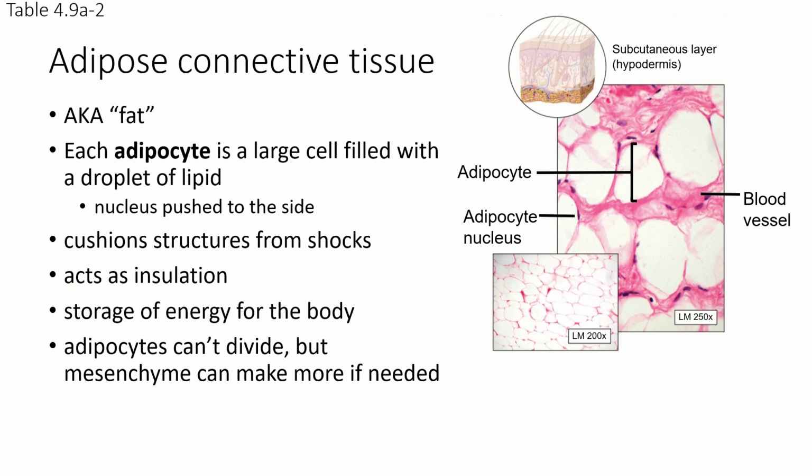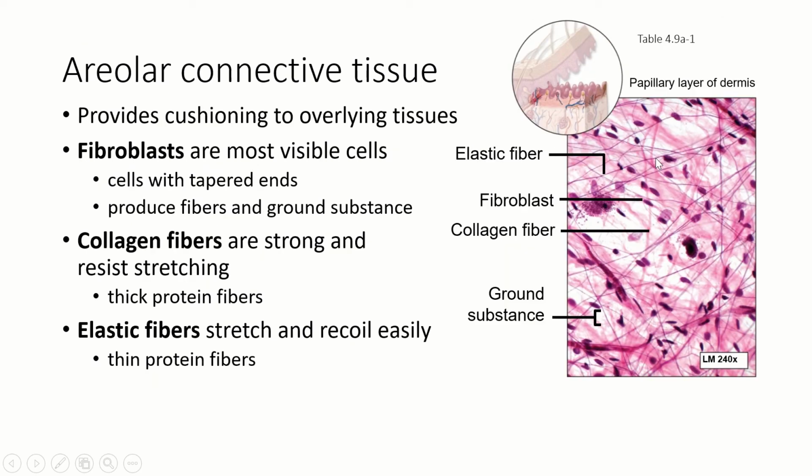And then we have adipose connective tissue, lots of big empty cells with their little nuclei pushed to the side. I always feel sorry for their nuclei. And then areolar connective tissue, very loosely organized, collagen and elastic going in every direction. So those are your primary connective tissues that you need to know at this point. We're not going to talk about bone and cartilage tissues until we do the skeletal system.